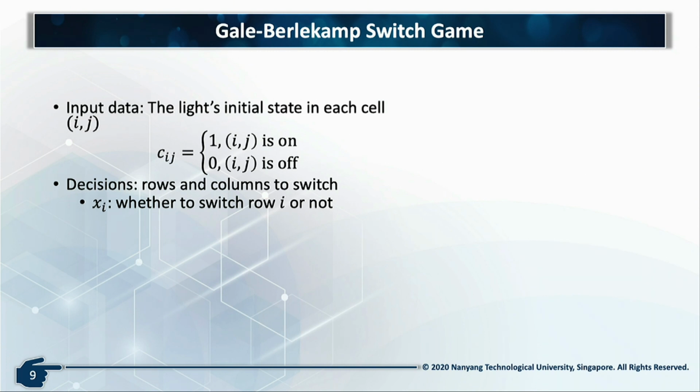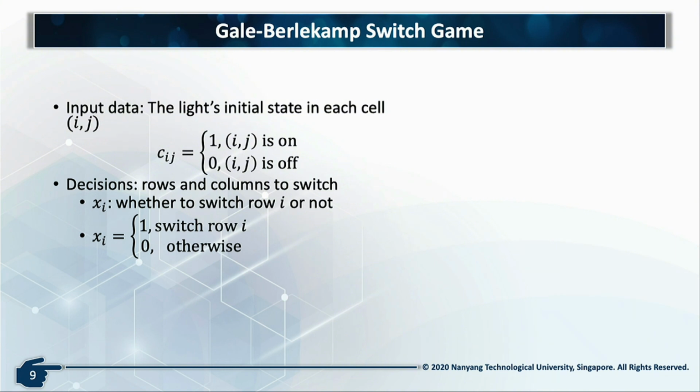Then we can use a binary variable to encode this decision. This binary variable can only take two possible values, 0 or 1. If you decide to switch row i, then this xi takes the value of 1. Otherwise, this xi takes the value of 0.